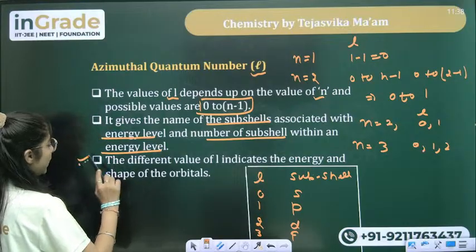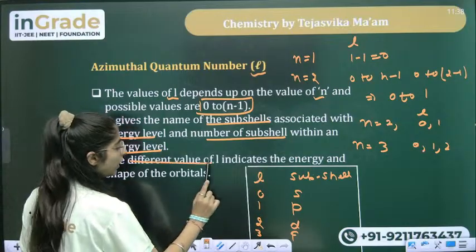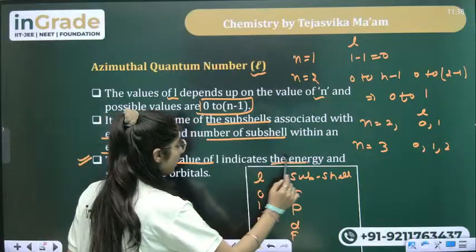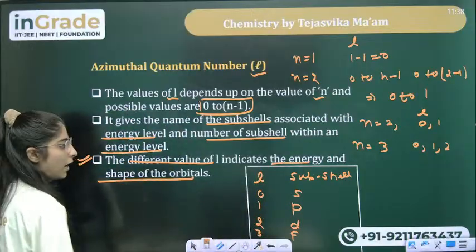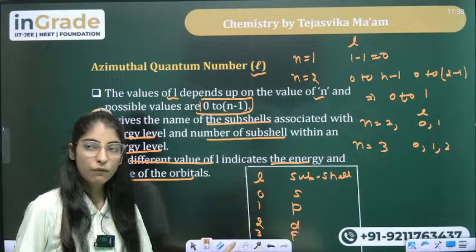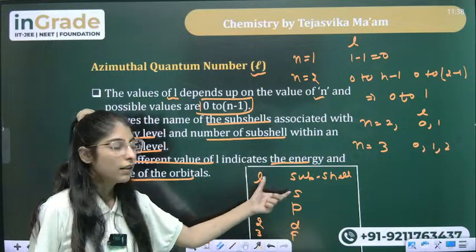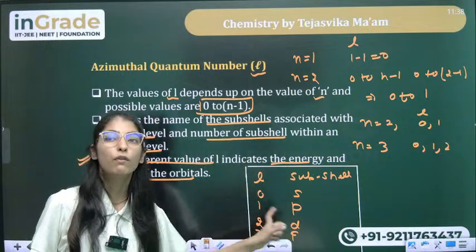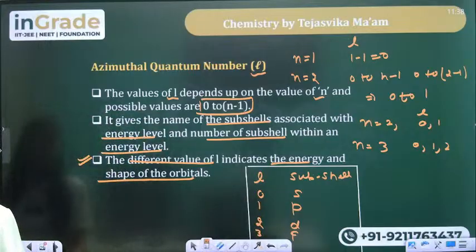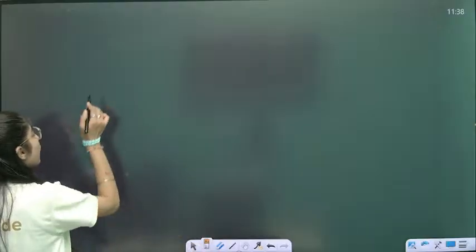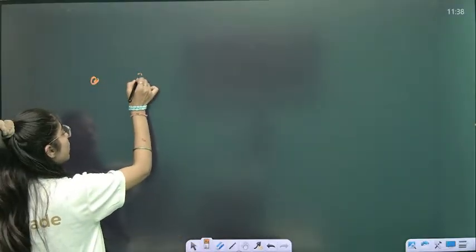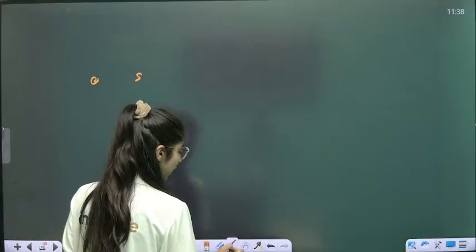Next, see the next point, which says different values of L indicate the energy and the shape of the orbitals. Here you can see the different values of L indicating the different values of energies, and the shape also. Let me write the shape here. For 0, this is your S, and S is spherical in shape.